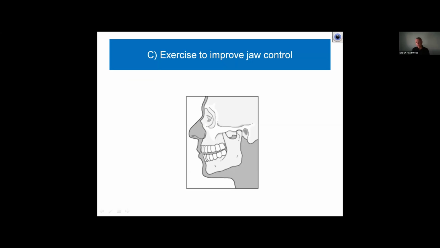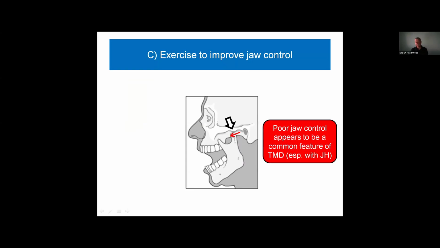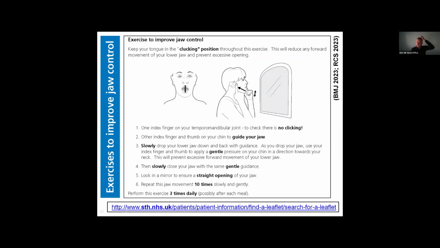Now the next strategy is an exercise to improve jaw control. Poor jaw control appears to be a common feature of TMD, especially with joint hypermobility. So this technique is trying to improve that control.